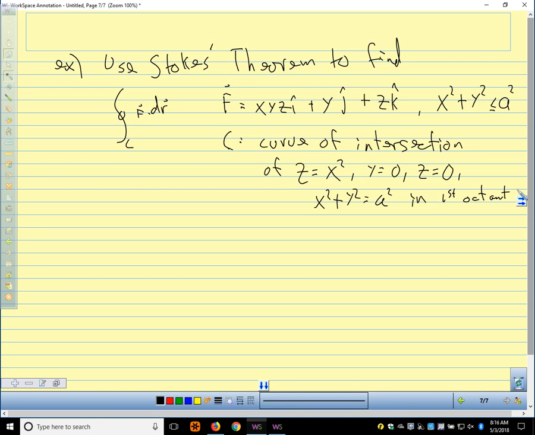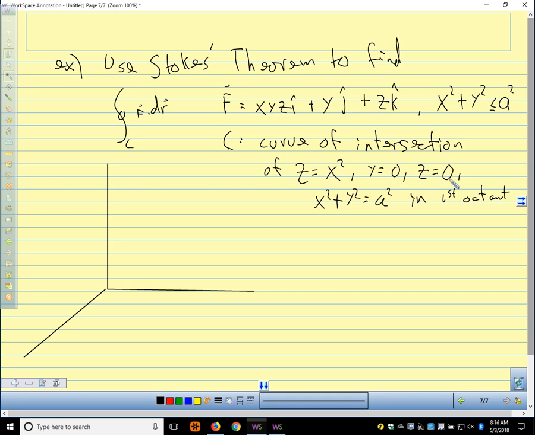Well, let's try to draw a picture of this thing. What is z equals 0? The xy plane. So that's the bottom, one of the surfaces we're talking about. y equals 0? The xz plane.